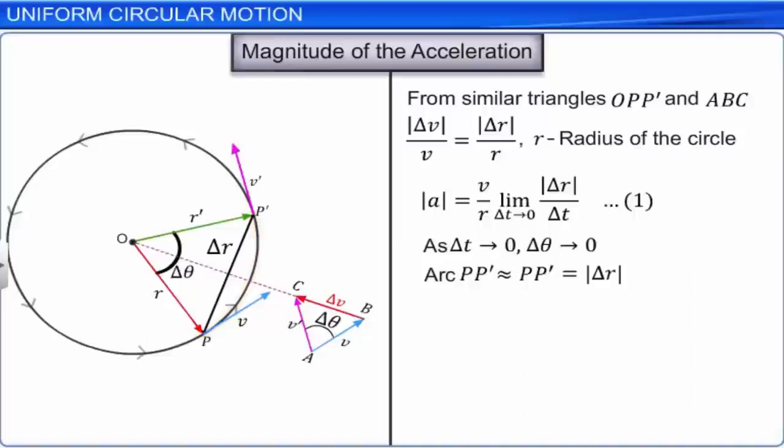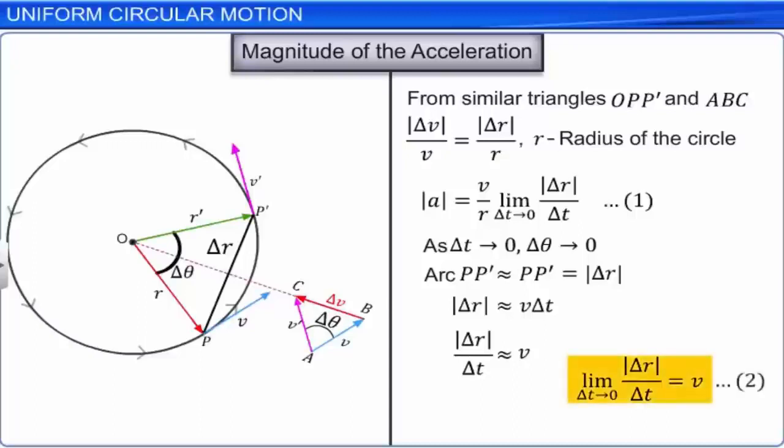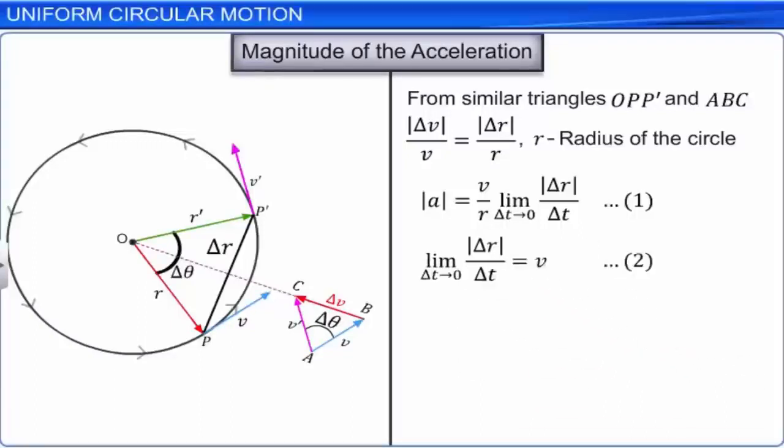This can be written as magnitude of delta r by delta t is approximately equal to v, which implies limit delta t approaches 0 magnitude of delta r by delta t is equal to v. Let this be equation 2. Substituting equation 2 in 1 and simplifying, we get a is equal to v square by r. Let this be equation 3.